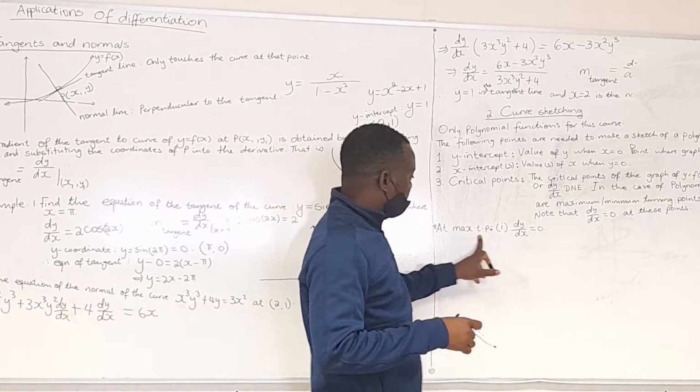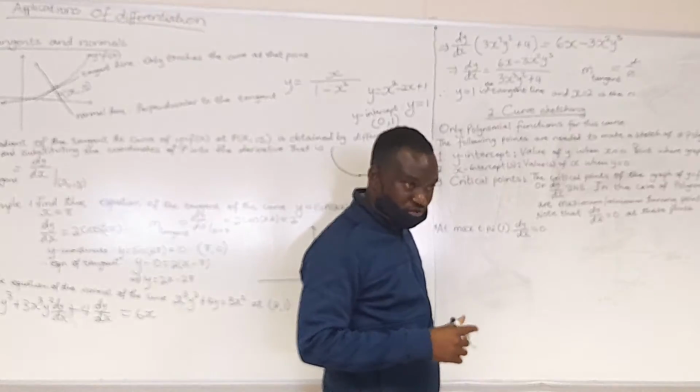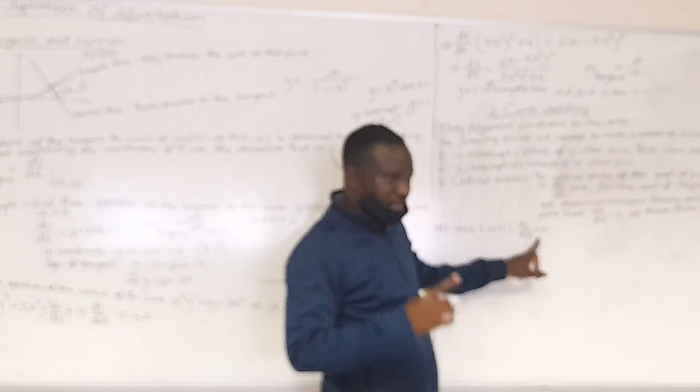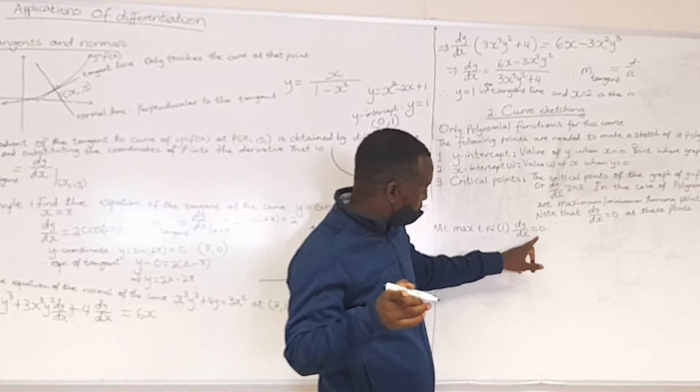Okay, so at the maximum turning point, the first derivative is 0, and this is the equation that you use to get the x coordinates of the turning point.